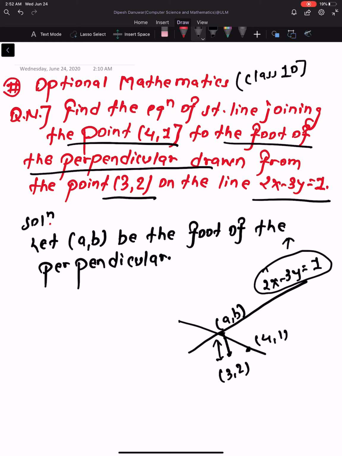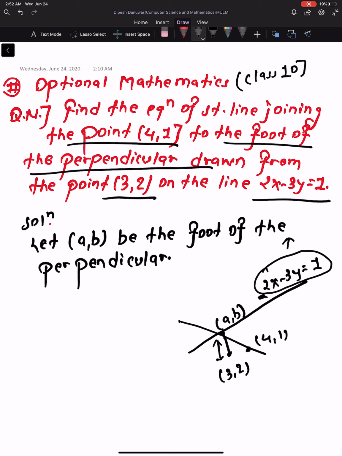From here, try to find the slope of the line through (3, 2) and (a, b). From the equation 2x minus 3y is equal to 1, you will also get the slope, and when you multiply the two slopes, that will equal -1.